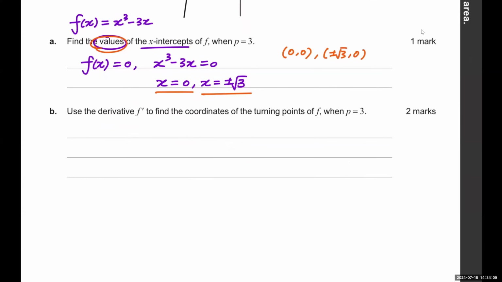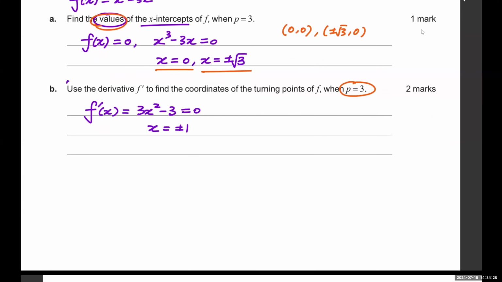Second part, use the derivative f dash to find the coordinates of the turning points of f when p equals 3. So what I'm going to do is write down the explicit derivative, which is 3x squared minus 3 equals 0. So you will get 2 solutions, x equals plus or minus 1, okay? It is important to obey the instruction: use the derivative f dash to find the coordinates.